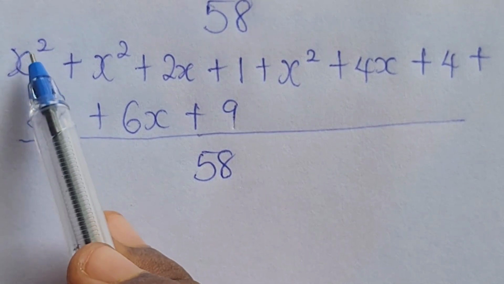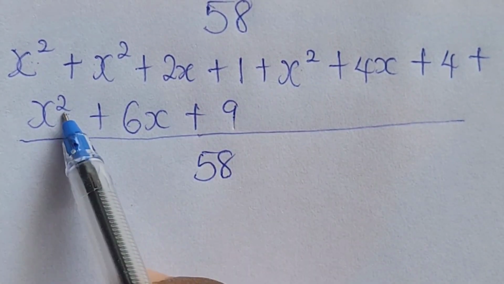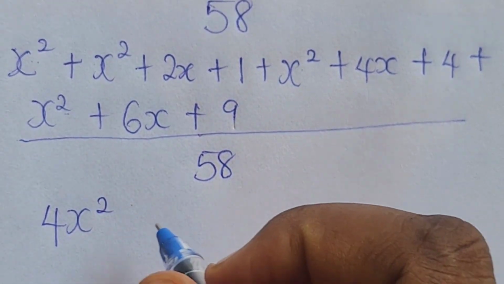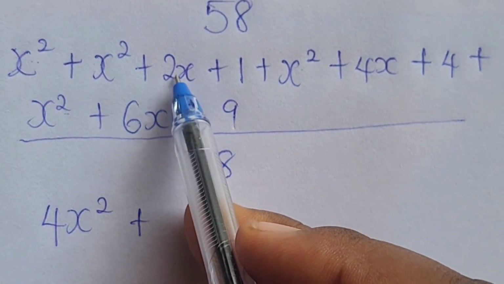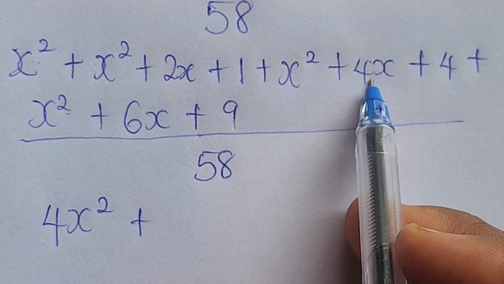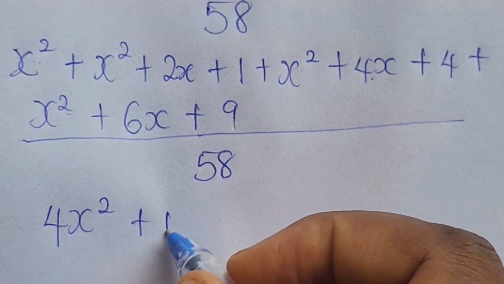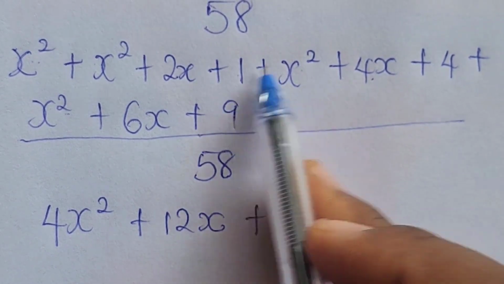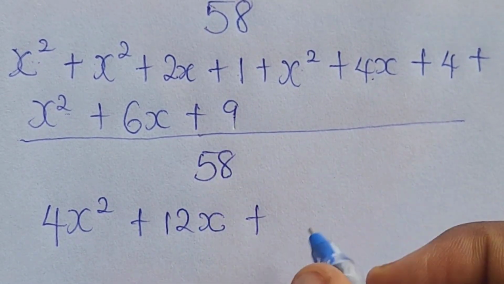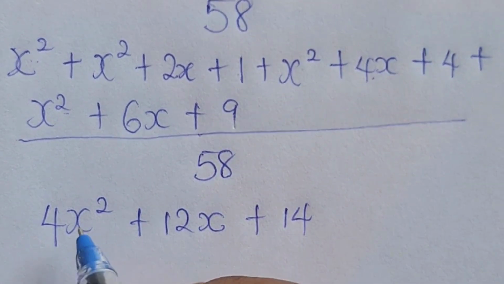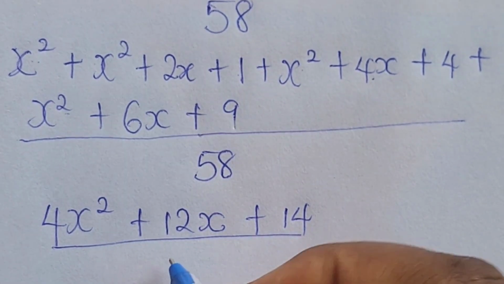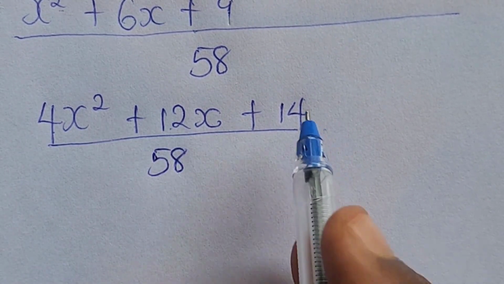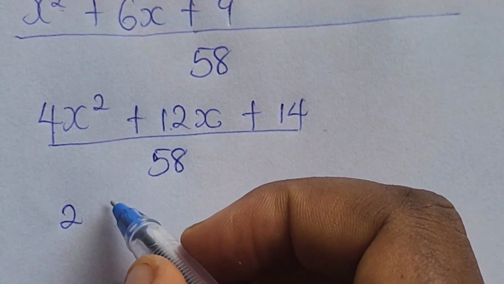So we have x squared, we have 1, 2, 3 and 4. So we have 4x squared plus we have 2 plus 4, which is 6, plus 6, we have 12x. We have 1 plus 4 plus 9, which is 14, all over 58. So we have a common factor here, which is 2. Let's factor 2 out.